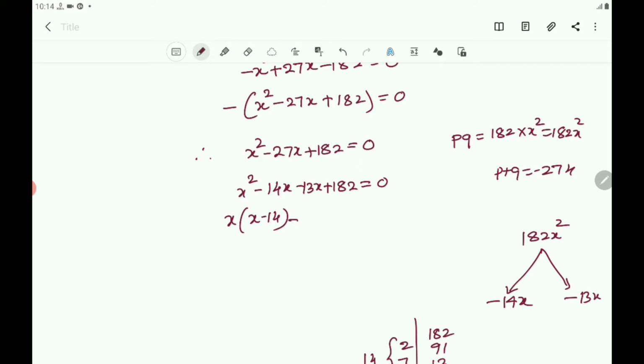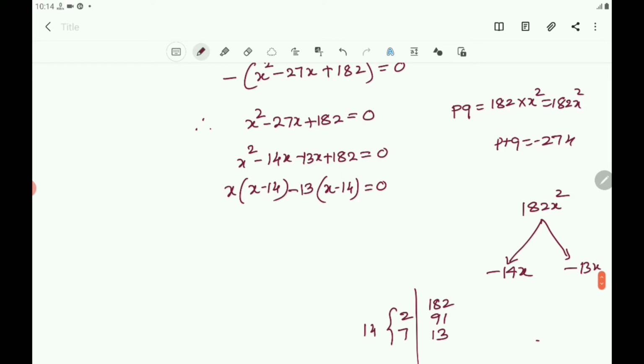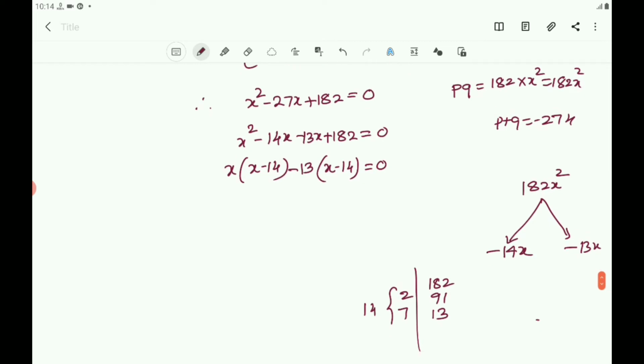Then minus 13 into x minus 14 equals 0. Then it becomes, the factors are x minus 14, the first factor, and x minus 13, the second factor, equals 0.